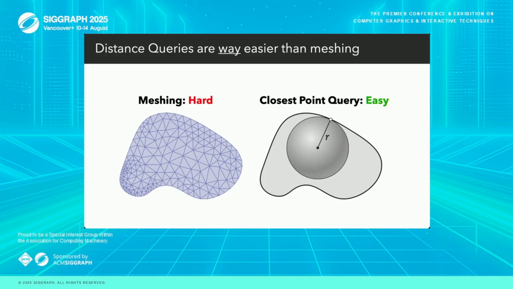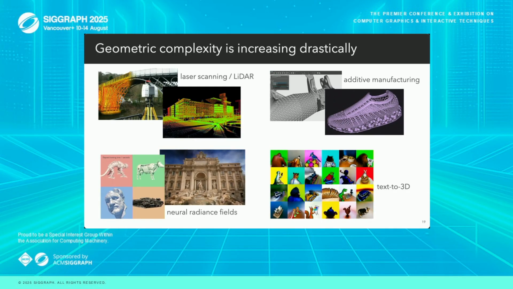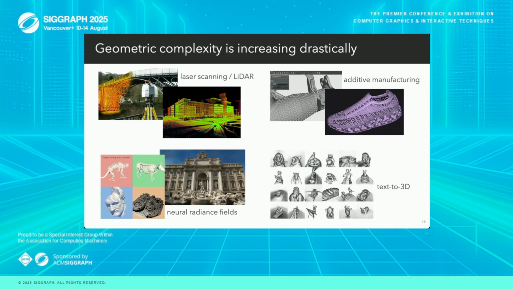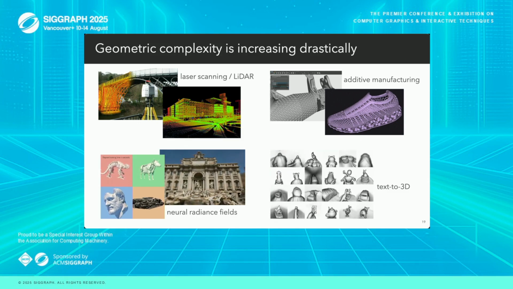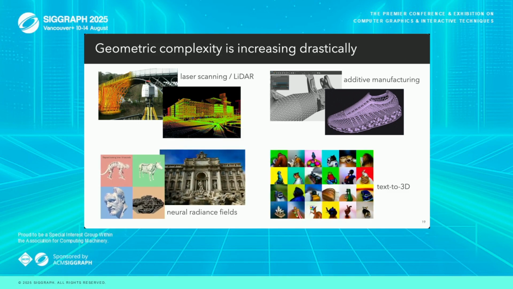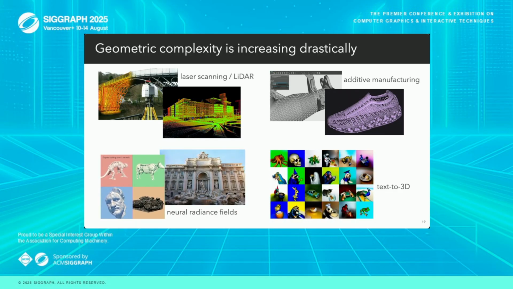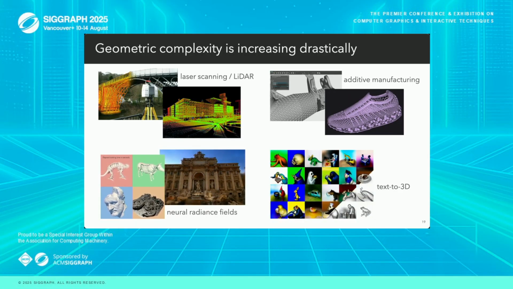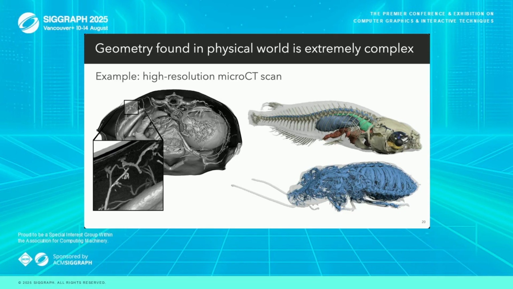In contrast to doing volumetric meshing of a domain, finding the closest point on the boundary of a domain is a very, very simple operation that scales well, right? That can be parallelized, all these kinds of things. And this is very important because geometry is only getting more and more complex as the years go on. We have extremely detailed data coming from laser scanning and shape optimization and computer vision and all sorts of other places. And even after decades of working on methods for solving PDEs, we still struggle to handle the level of geometric complexity that we see in nature.